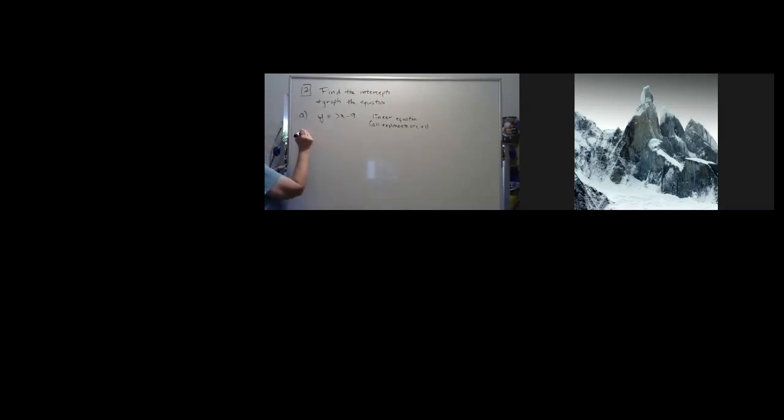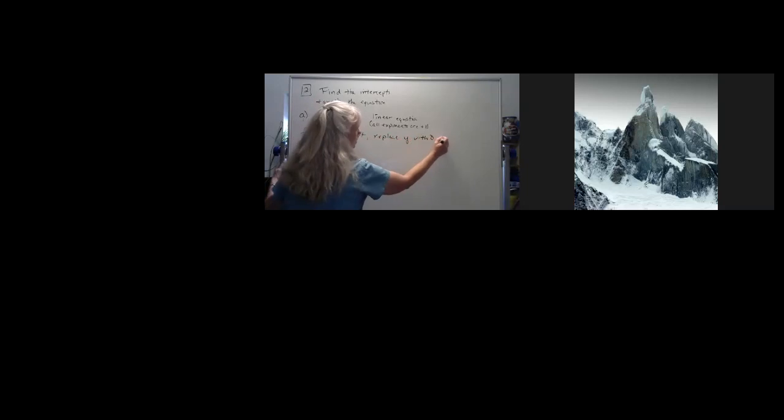So to find the x-intercept, this is the place where the graph crosses the x-axis. We're going to replace y with 0, because if I'm on top of the x-axis, the y value is 0. And solve.